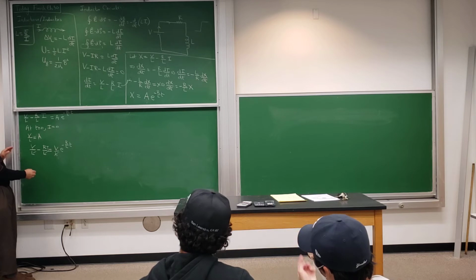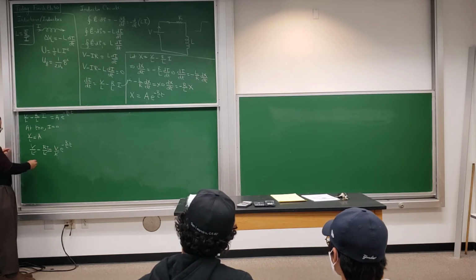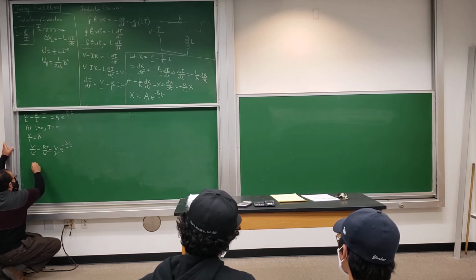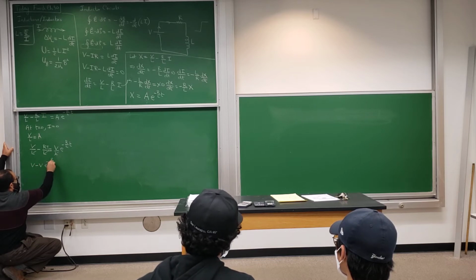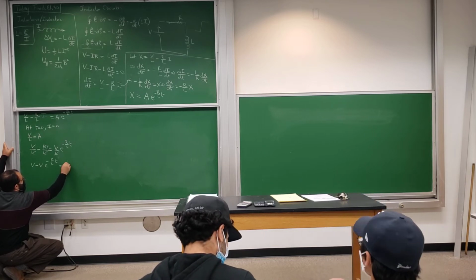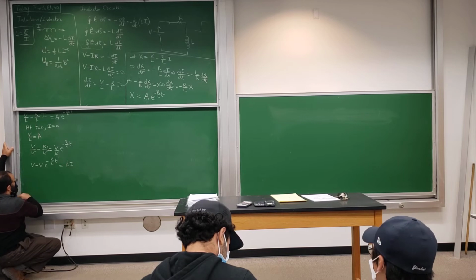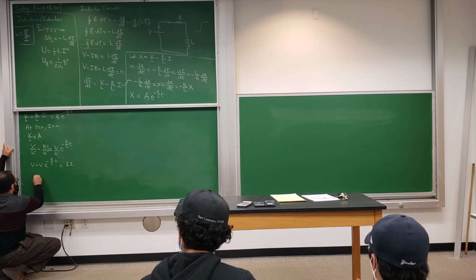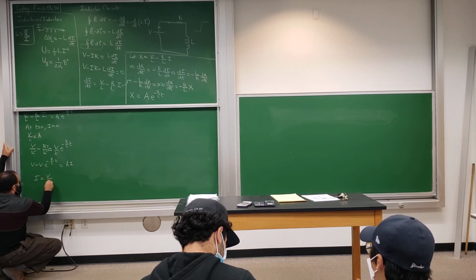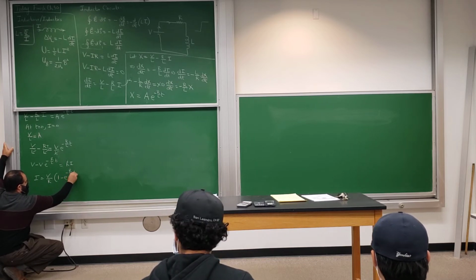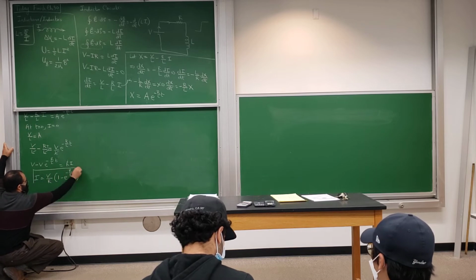I want to solve for I. So I move this to this side and this one to that side, so I get V minus V e to the minus R over L times t is equal to R I. Divide everything by R and factor the V, so you get I would be V over R times 1 minus e to the minus R over L times t. That's the current as a function of time.